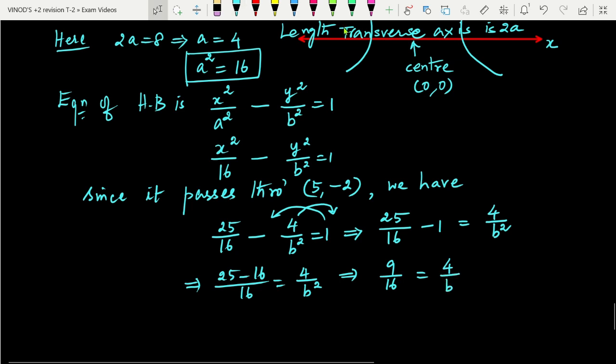Now from this, 25 minus 16 is 9. 9 by 16 is equal to 4 by b square. If you cross multiply, b square is equal to 4 into 16, 64 divided by 9. So b square is 64 divided by 9.